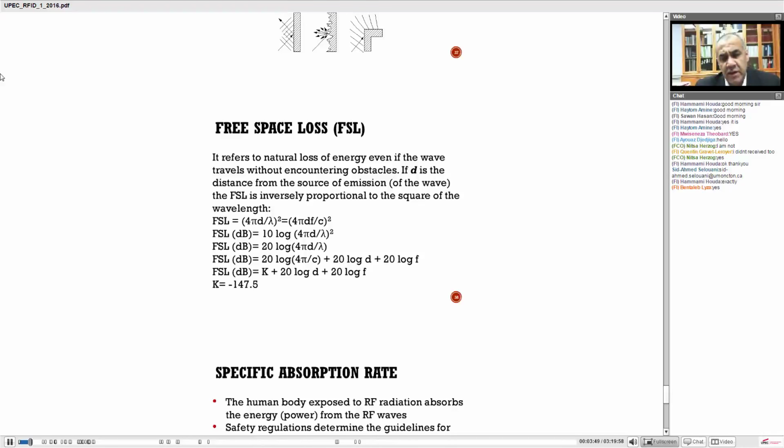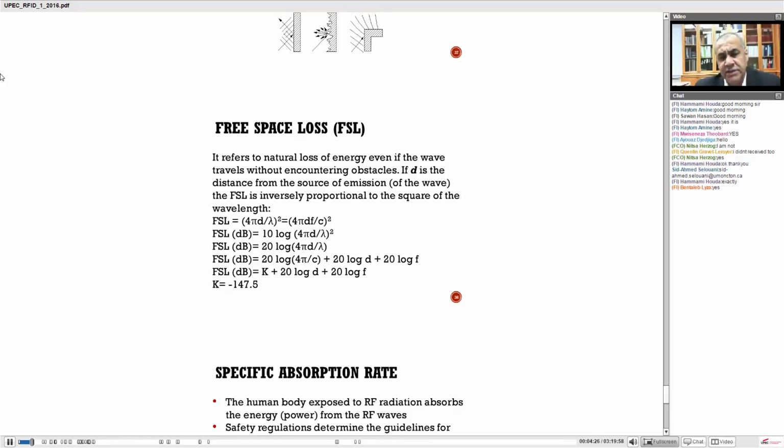We know that lambda is the wavelength and it is equal to c divided by f, where c is the light velocity and f is the frequency. So I replaced lambda by the frequency and the speed of light, with the distance, and using the logarithm formulas, I have this. c is constant, 3×10^8 meters per second, and you have the distance and the frequency.